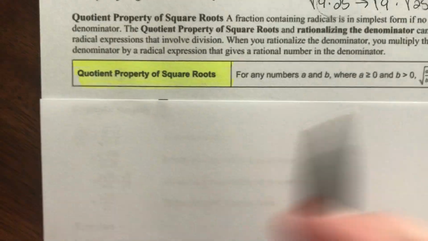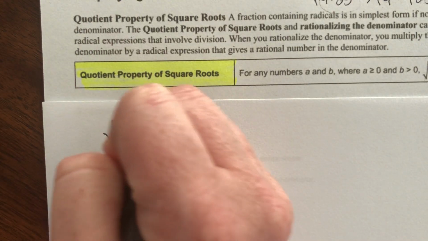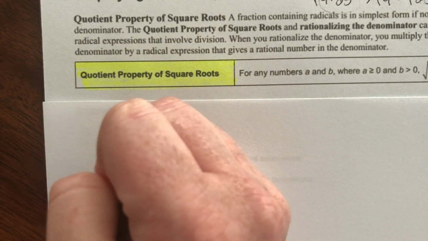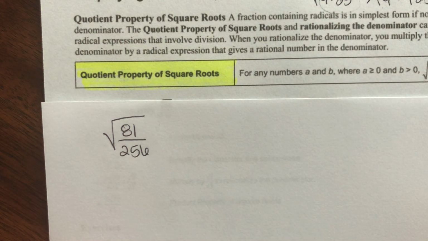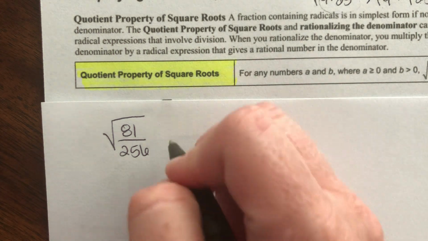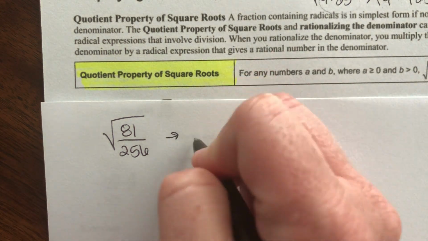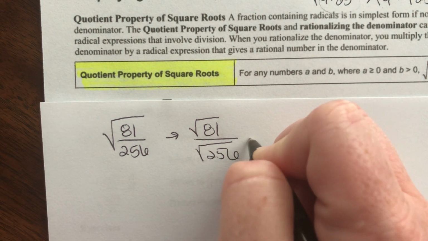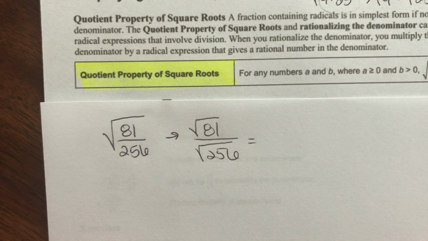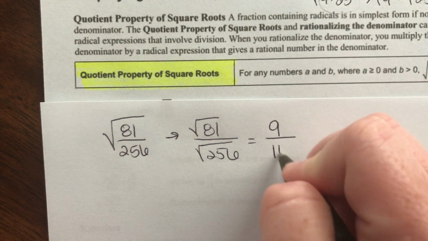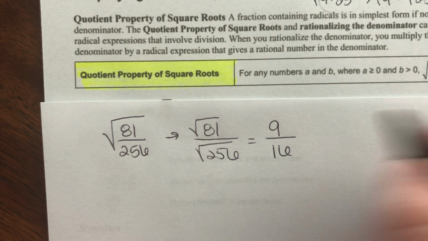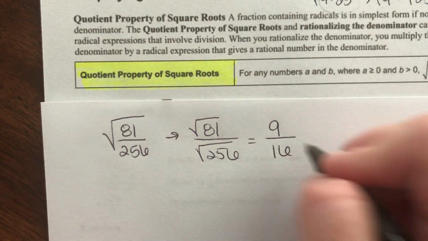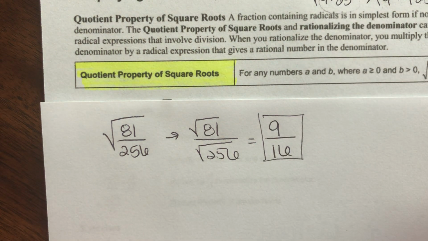So for example, if I had the square root of 81 over 256, then I can separate these into their own radicals: square root of 81 on top, square root of 256 on the bottom. 81 is a perfect square, so when I take the square root, I get 9. 256 is a perfect square, and its square root is 16. So now my answer is no radical signs, just plain old 9 over 16.